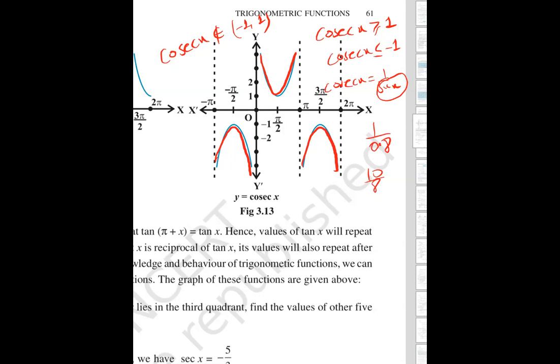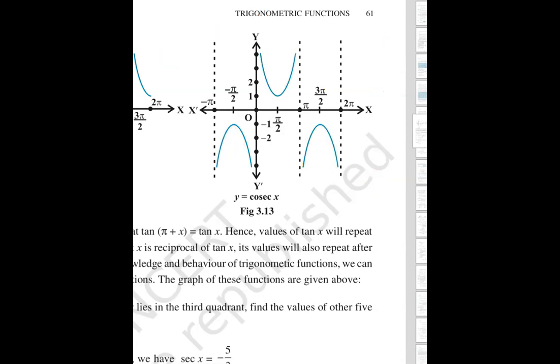Understood now? So now you have some idea how the graphs of different functions look.